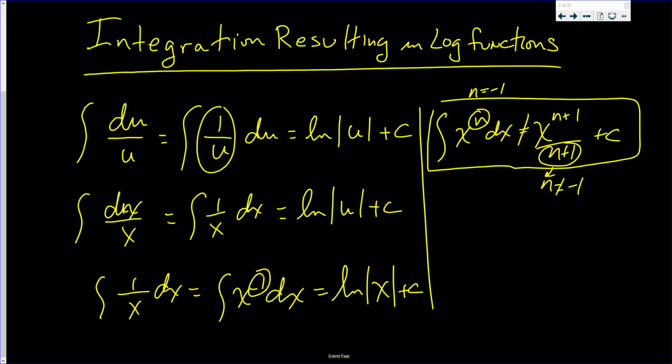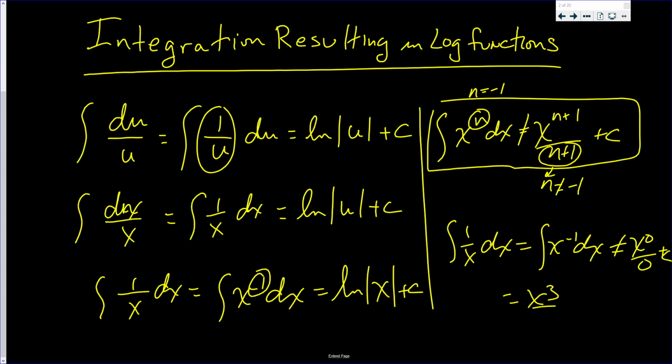If I had to randomly guess what this is, I'm up a creek. There's a lot of answers, but you know what? The one answer I will not say is that it equals x to the 0 over 0 plus c. That's one answer I wouldn't say.